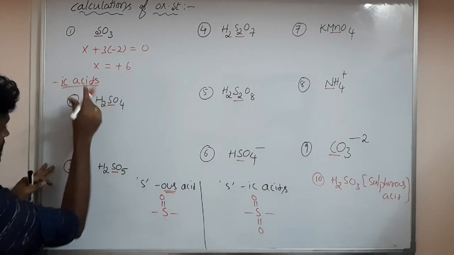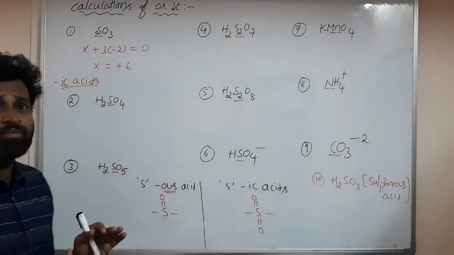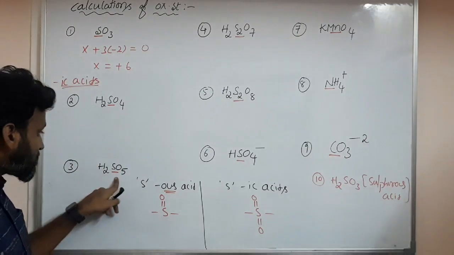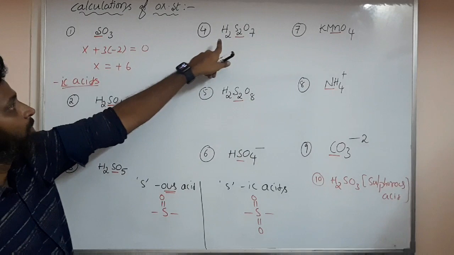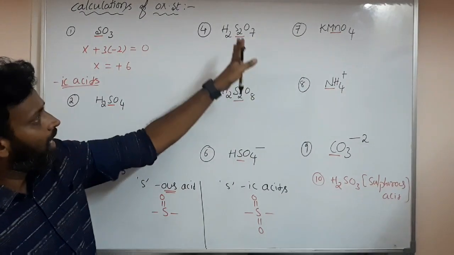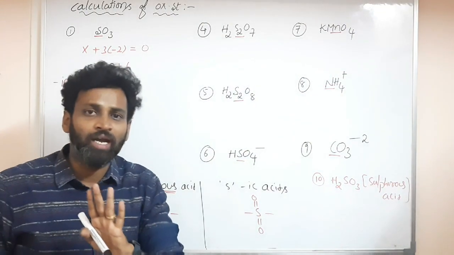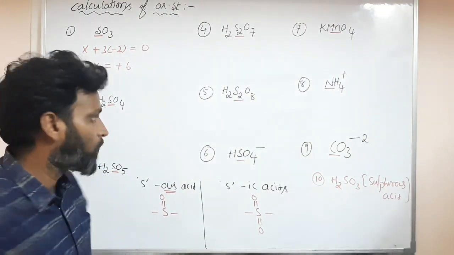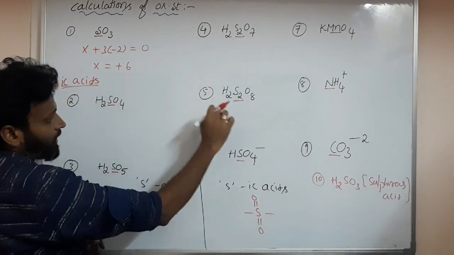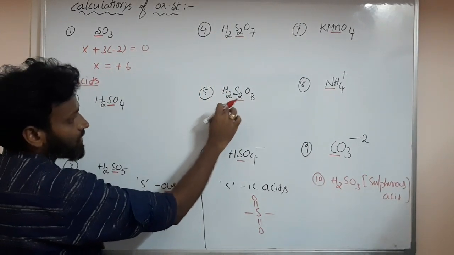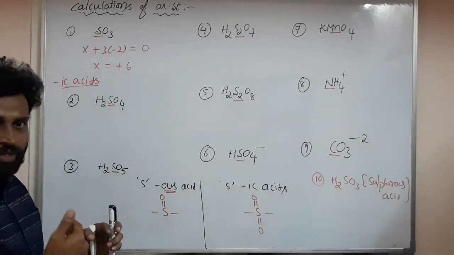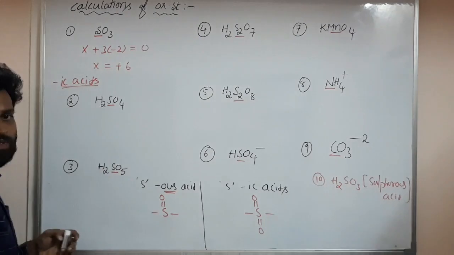In their names we have ic: sulfuric, peroxysulfuric, pyrosulfuric. How to convert all these and remember them, in second year I will give you one trick, but not now. Simply remember, this is pyrosulfuric acid, this is peroxydisulfuric acid, and I will give you some common names also.